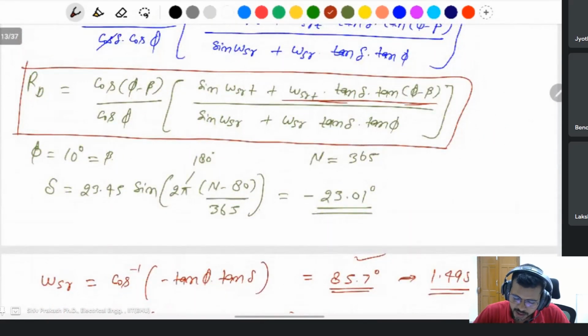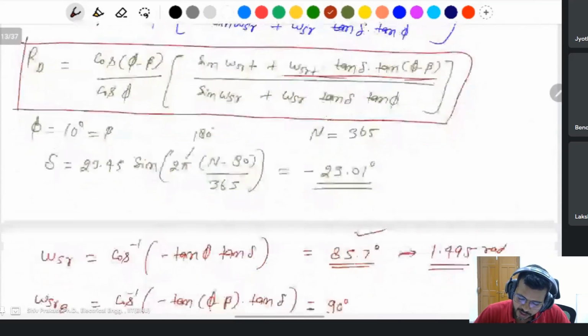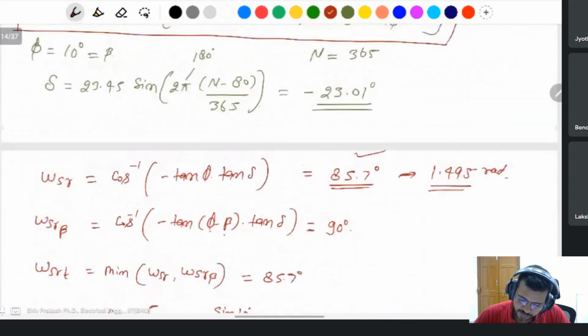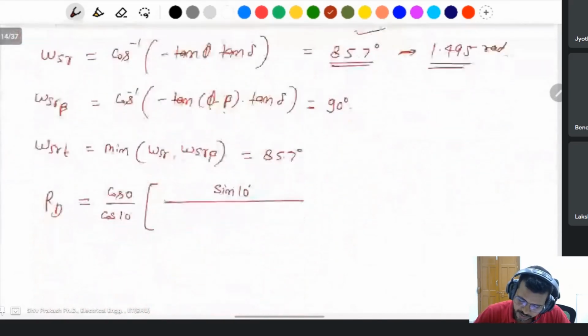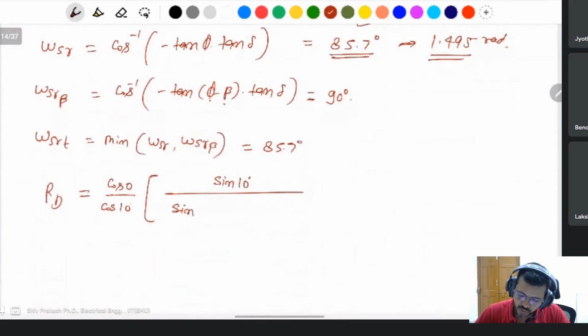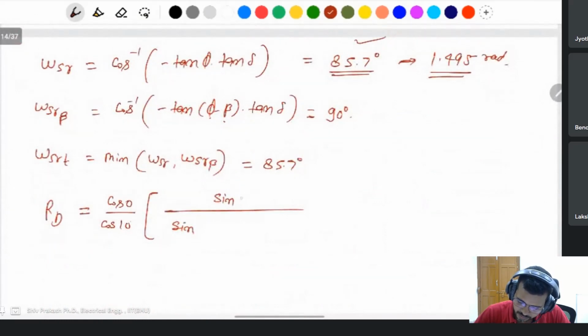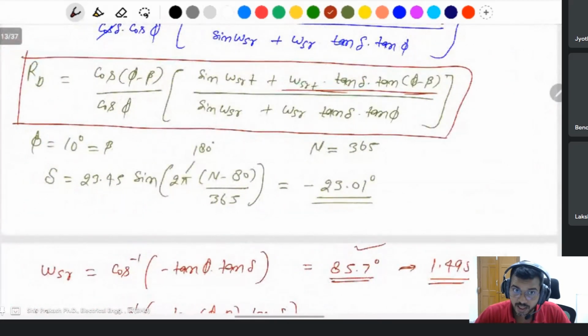Oh sorry, omega SRT is 85.7 degree, and it should be put in radian, 1.495, not in angle.